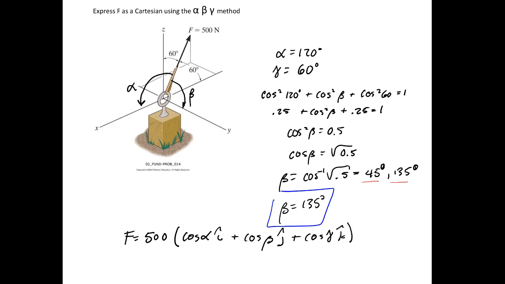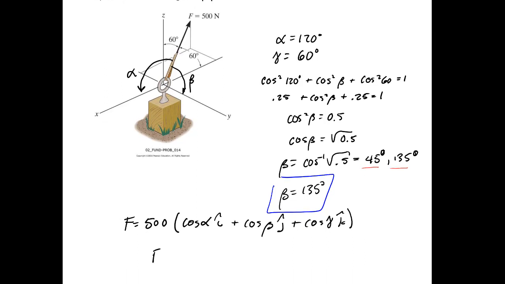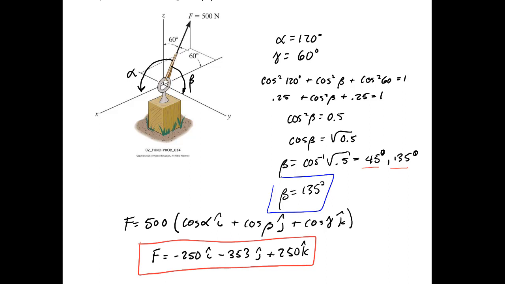Using the angles that we've previously determined, I'm just going to write the answer down. I'm going to call that F is equal to negative 250 i, negative 353 j, positive 250 k. And that's our Cartesian description of that force.